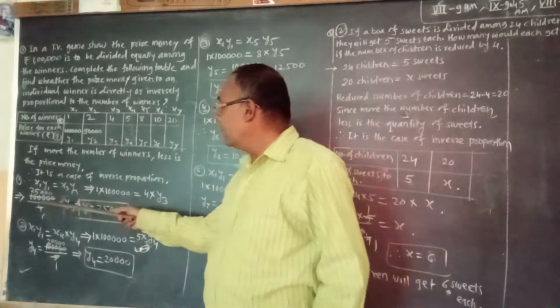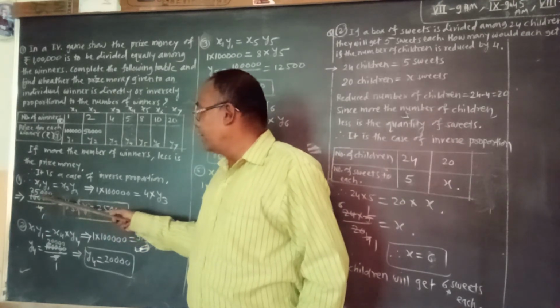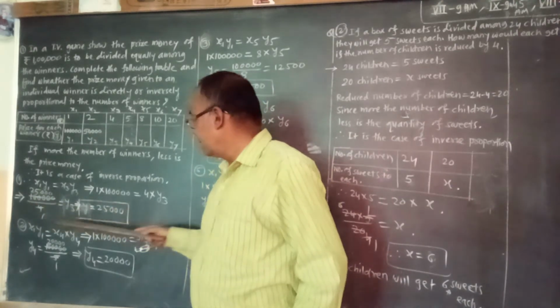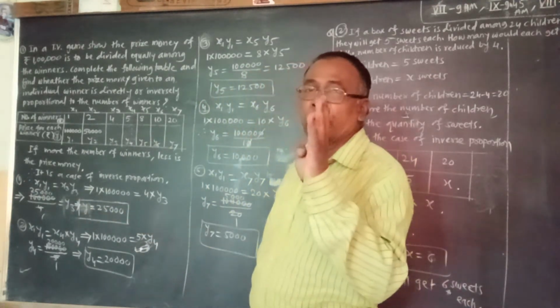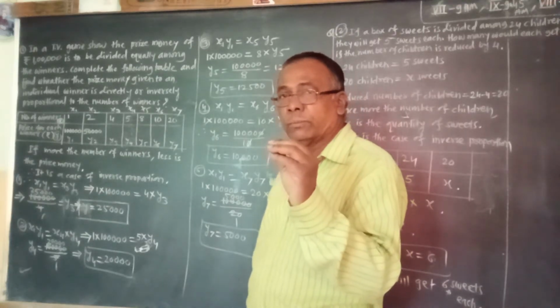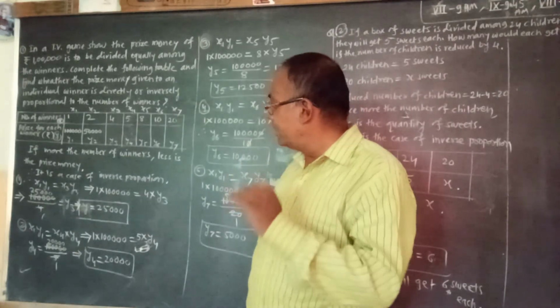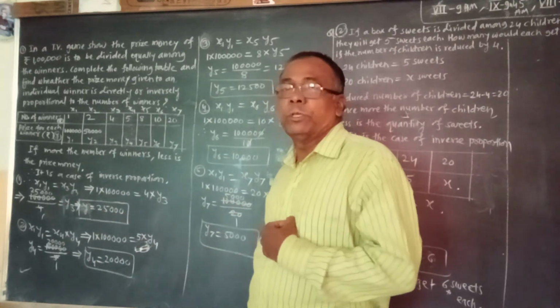So 1 lakh divided by 4 is y, which gives y is equal to 25,000. Means if 4 winners are there, everybody's prize money will be 25,000.